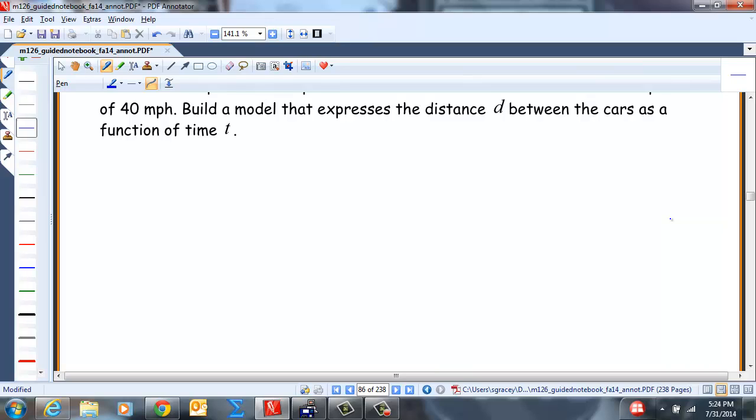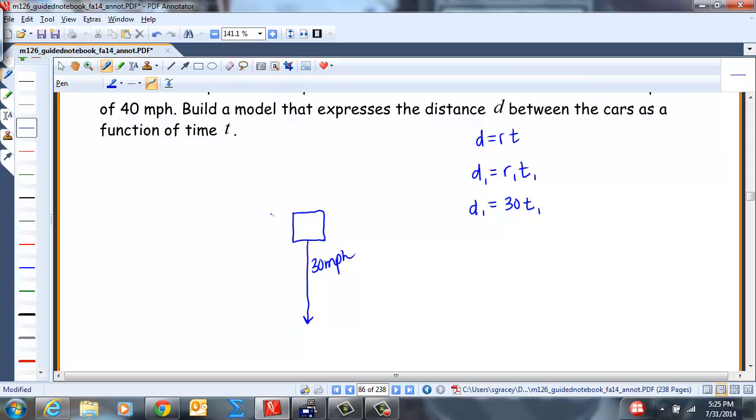So we've got our little intersection going on, and then that first car is heading west at a rate of 30 miles per hour. So remember that distance equals rate times time. So they're traveling the same amount of time. So distance 1 would be rate 1 times time 1. So distance 1 would be, our first rate is 30 miles per hour times time 1.